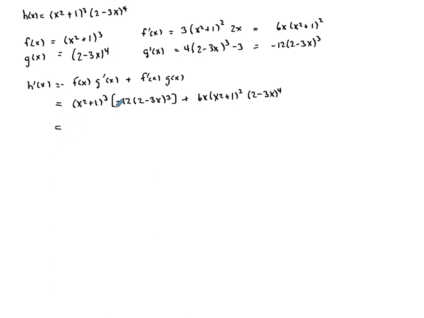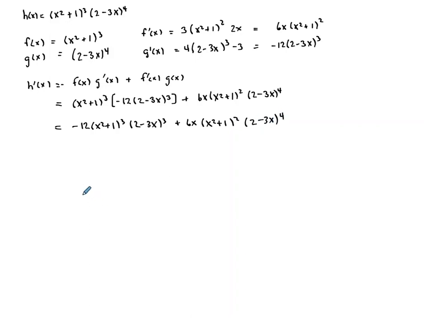And we can just look at what we have. If you want, we can rewrite this as negative 12 times x squared plus 1 cubed times 2 minus 3x cubed, just to get rid of those brackets, plus the 6x times the x squared plus 1 squared times 2 minus 3x exponent 4.